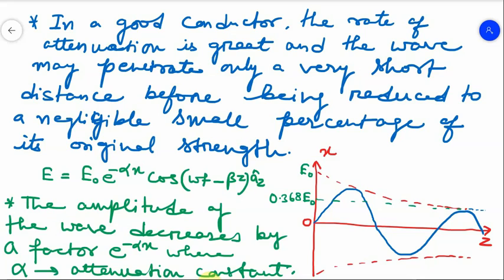So we have seen this relation, delta equals 1 upon alpha. I am talking about this. So delta equals 1 upon alpha, where alpha is the attenuation constant.